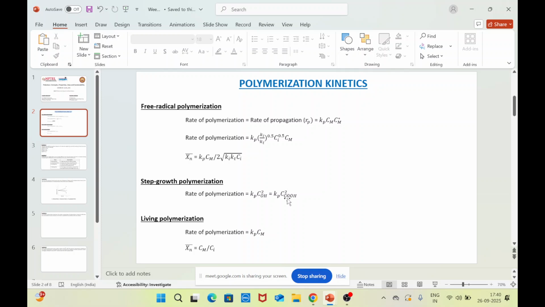So it is represented as kpcm. Similarly, the number average molecular weight is going to be represented as cm by ci.